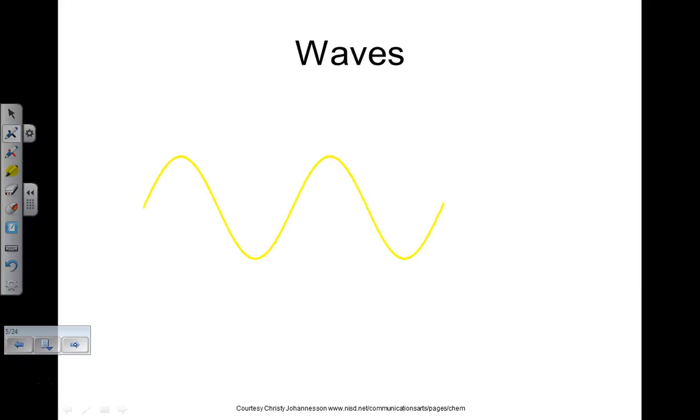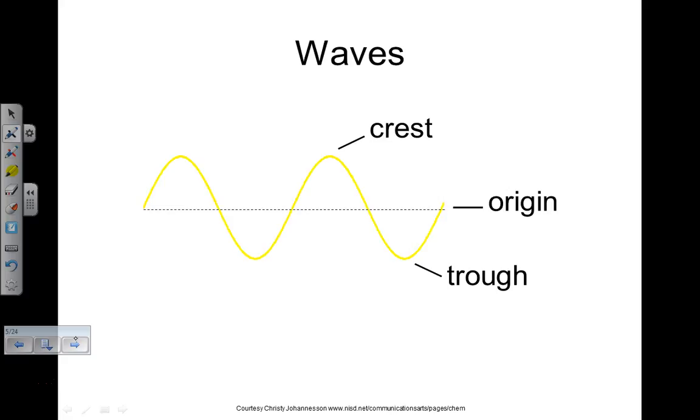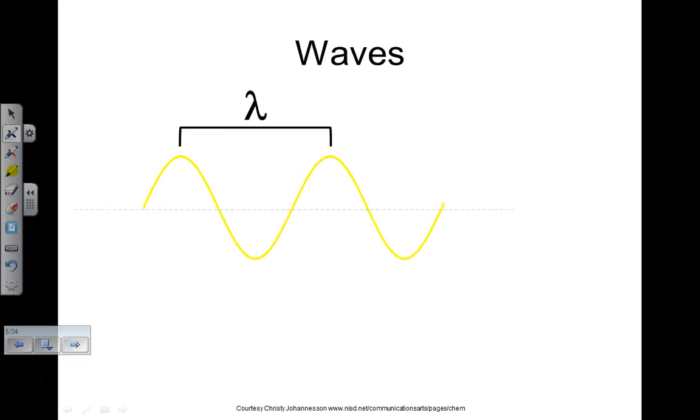Okay, so here's a wave of yellow light, and we know its properties. Crest is on the top of the wave, the trough is on the bottom, the origin is here. So that is the wavelength, okay? And the wavelength is usually measured from crest to crest, but it can be measured from any point to the same point on the next wave.